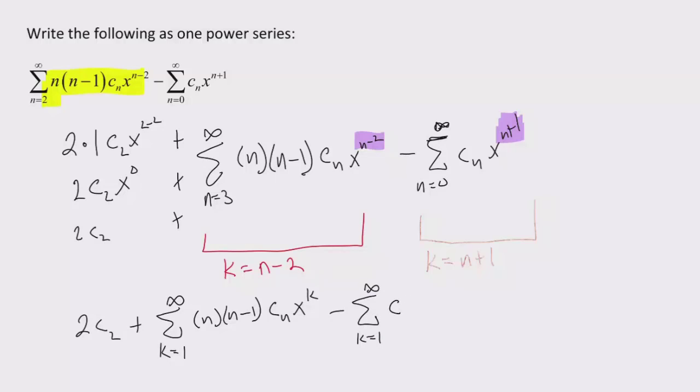I just realized I should be switching out my n's and my k's, and that's actually going to change the patterns there. So that's a c sub k. n is going to become k plus 2, and n minus 1 is going to be k plus 1, based on that substitution.